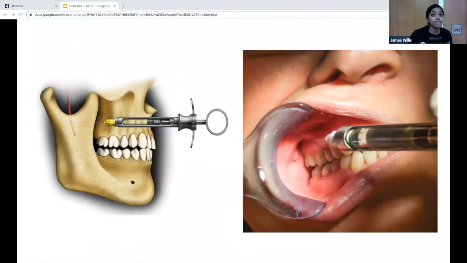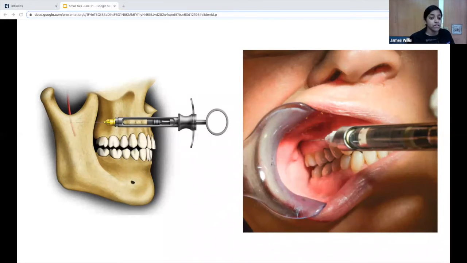In patients who can't fully open their mouth, so in situations like if there's an abscess, edema, or trismus, you can use the closed mouth approach, which actually deposits the solution a little bit superior to the site of the open mouth approach. So when injecting, you're going to place the needle along the maxillary teeth and gingiva that you can see on this picture on the left.